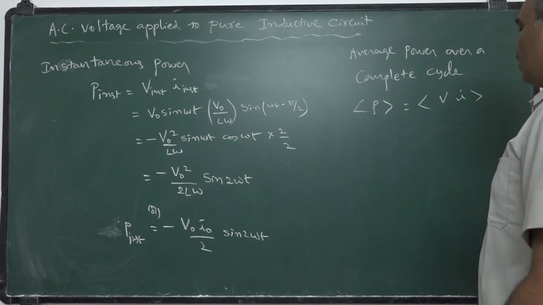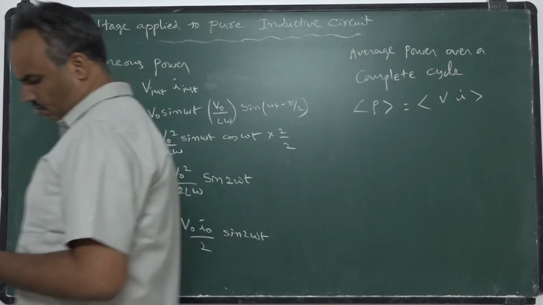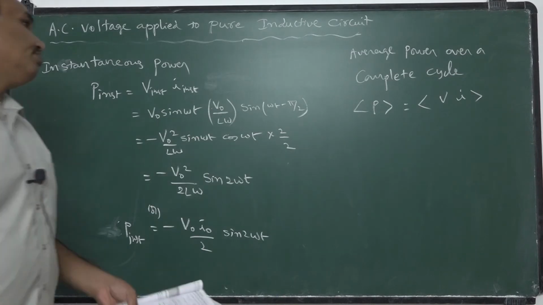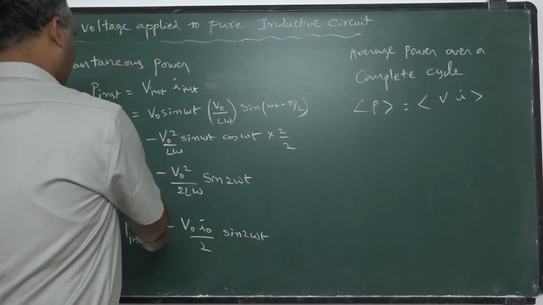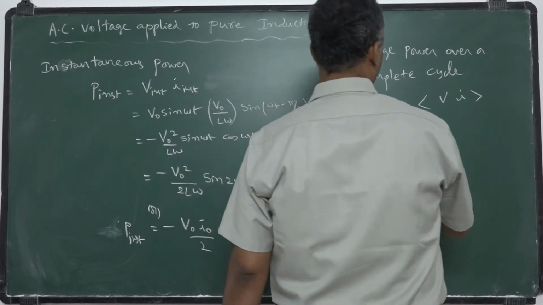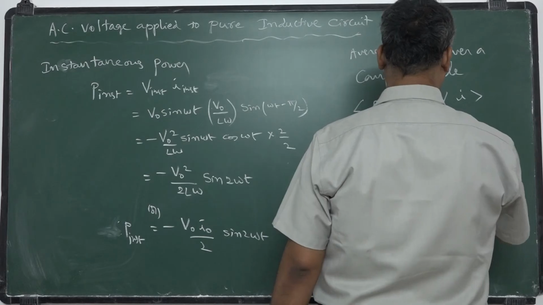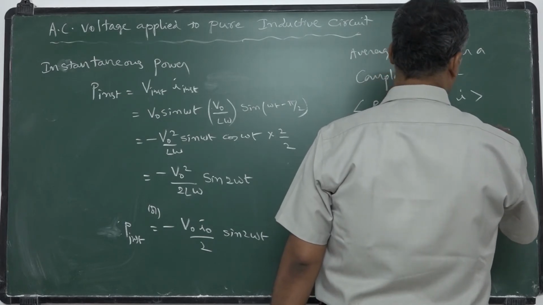Average value of voltage into current. Just now we calculated the voltage into current value. So minus of V naught I naught by 2 sine 2 omega t.